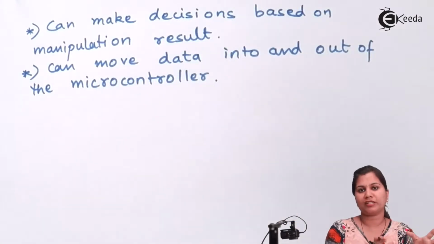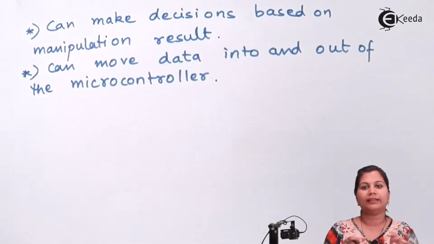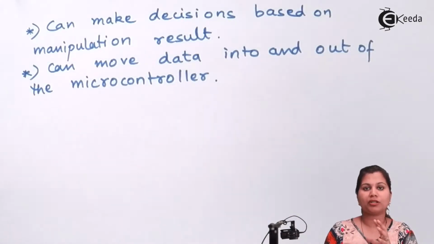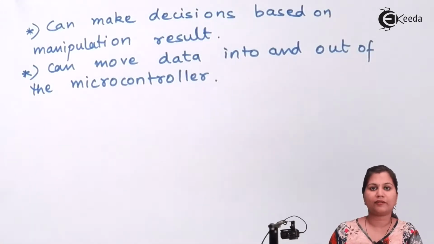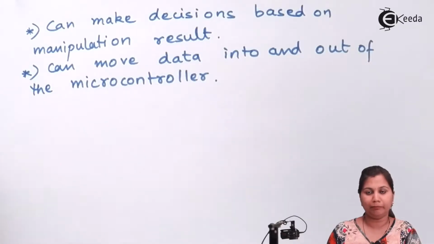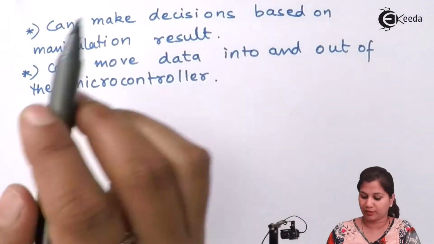Suppose that if the result comes out to be 0, then do this operation. If the result does not come out to be 0, then do another operation. So on the basis of that, decisions can be made with the help of the instructions.